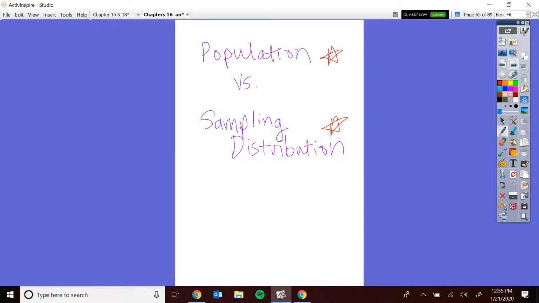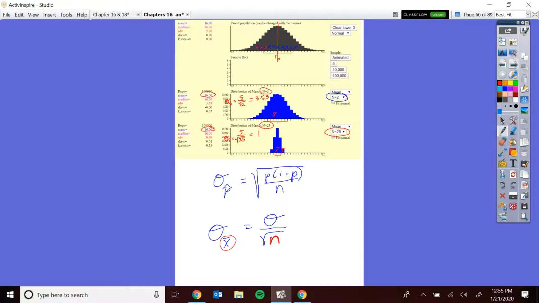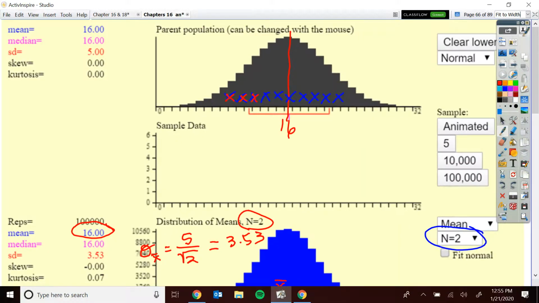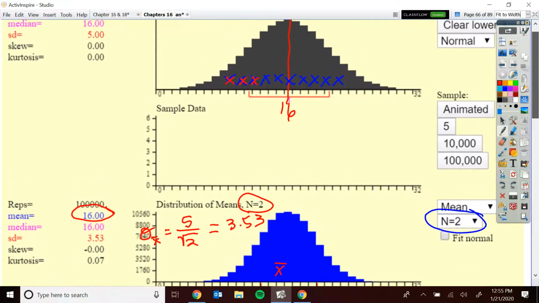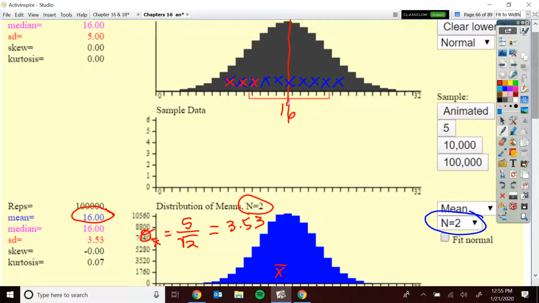Okay, so I have this here. This is showing three shapes. We're going to have somebody tell somebody something of what's the population and what's the sampling distribution. Here's kind of a zooming in. We've got this picture here. This has got the individual X's in it.